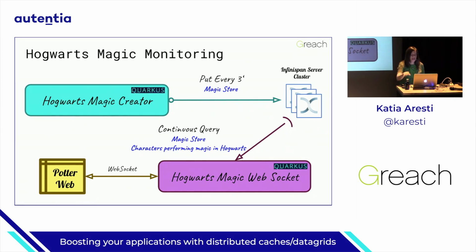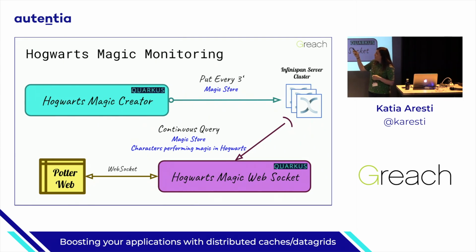I built a little application on Quarkus, where I have a little service that is just putting some data in an Infinispan cluster every 3 seconds, saying this wizard is casting this spell. And I have this Hogwarts magic WebSocket that is doing a continuous query to the Infinispan server cluster.